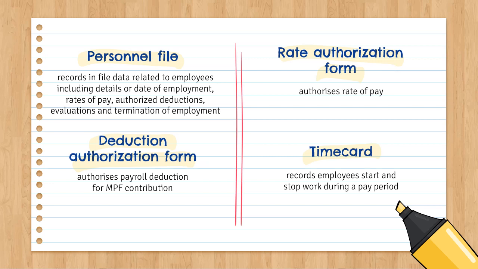A personnel file is a document that records an employee's data. Basically, all the records in this data are related to employees, including details of date of employment, rates of wages and salaries, authorized deductions, evaluations, and termination of employment.